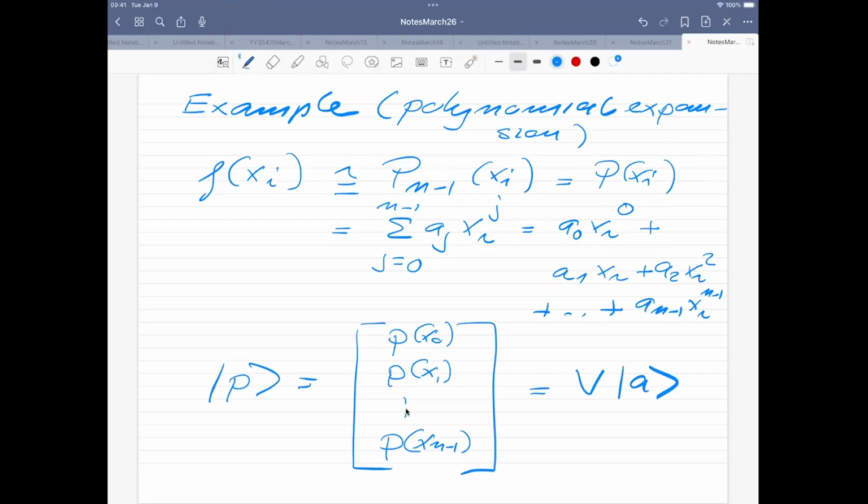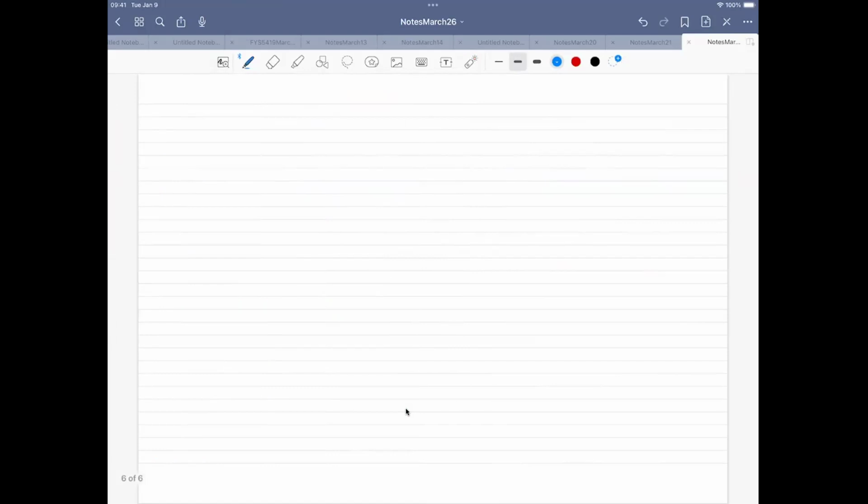So this V has a famous name. If we now keep all terms, this is often a real matrix. So this is an n times n matrix. And in the literature, there's a famous matrix, which some of you may have heard of, the Vandermonde matrix. So V is then given by 1, 1, all the way down here. So these are all 1s.